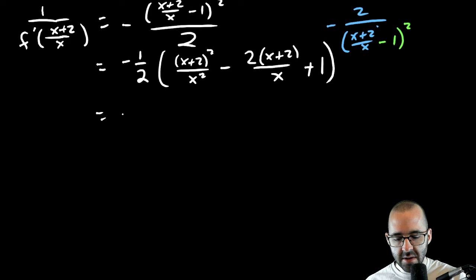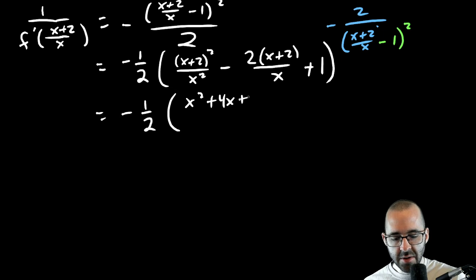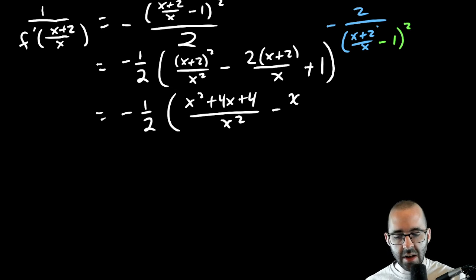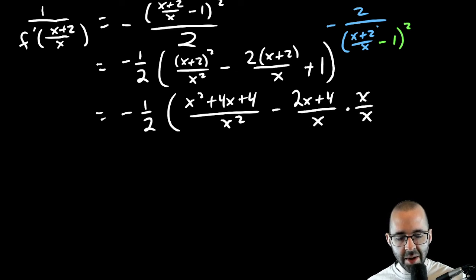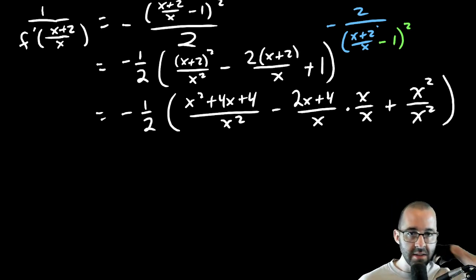Let's combine fractions. -1/2 times (x squared plus 4x plus 4) over x squared. We're going to need to multiply in an x and distribute here. Let's distribute first. 2x plus 4 over x. Again, to combine fractions, we're also going to have to multiply by x over x. And the last fraction, we're going to have to turn into x squared over x.